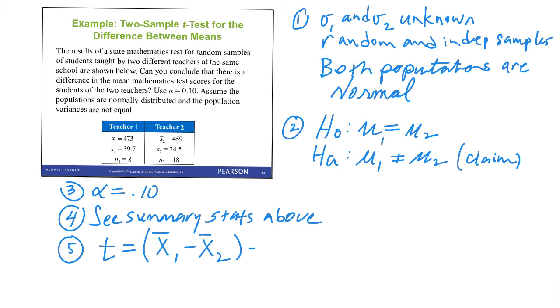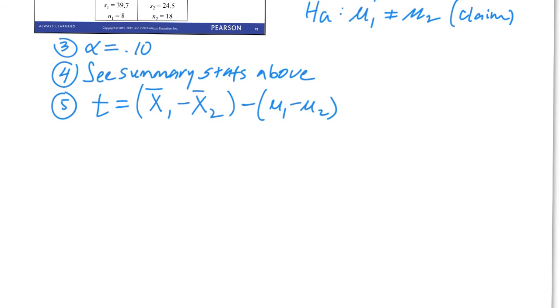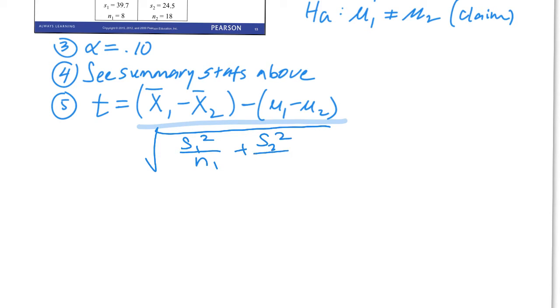And then we have to subtract from that the mu sub 1 minus the mu sub 2. And then we have to divide by the square root of S1 squared over N1 plus S2 squared over N2.